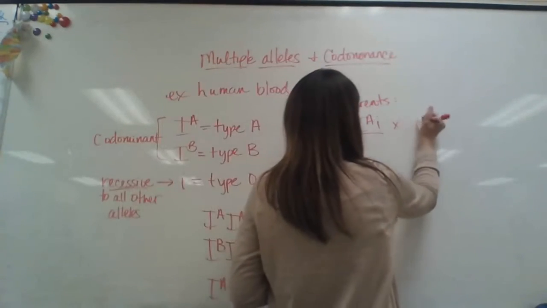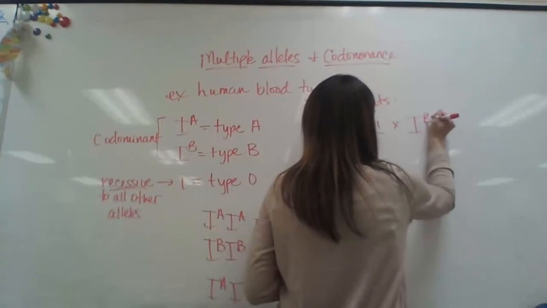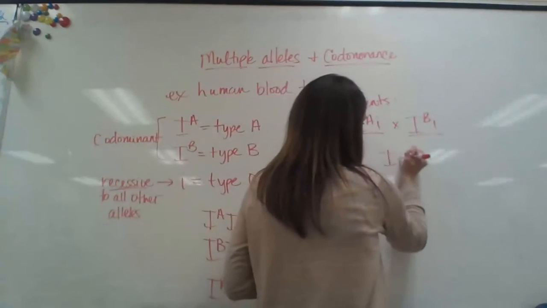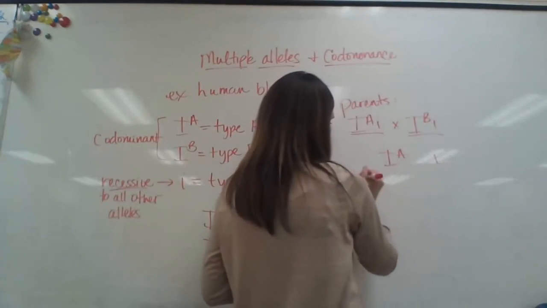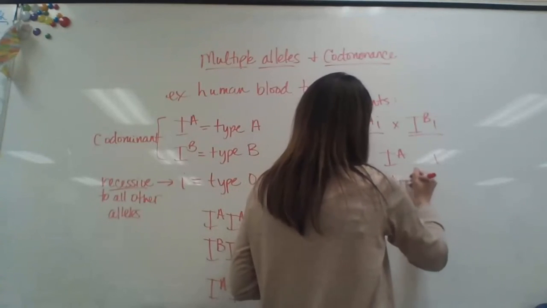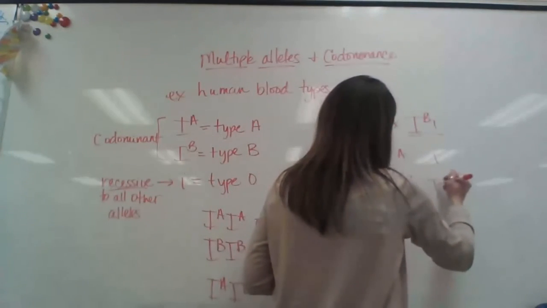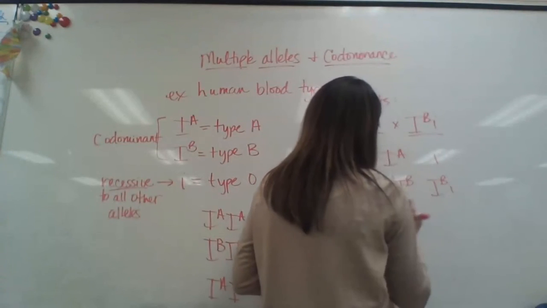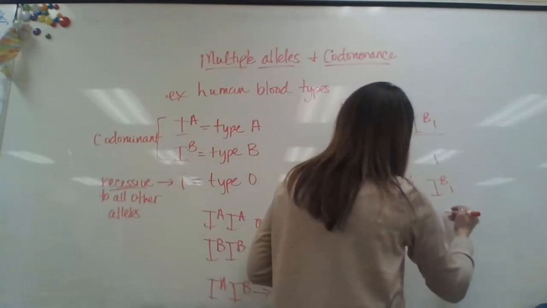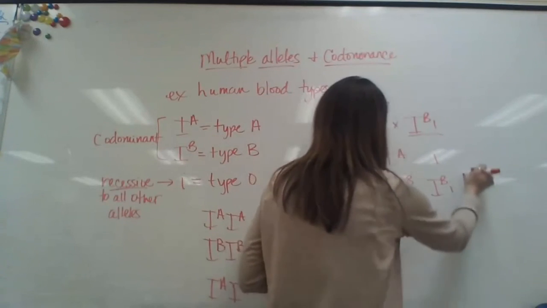Then I'm going to cross that parent with one who is heterozygous for the B allele. And what I'll get from that when I set up that cross is I should end up with 4 different genotypes, actually. I'll end up with 4 different potential phenotypes as a result of that. And I get a number of different possibilities here in offspring.